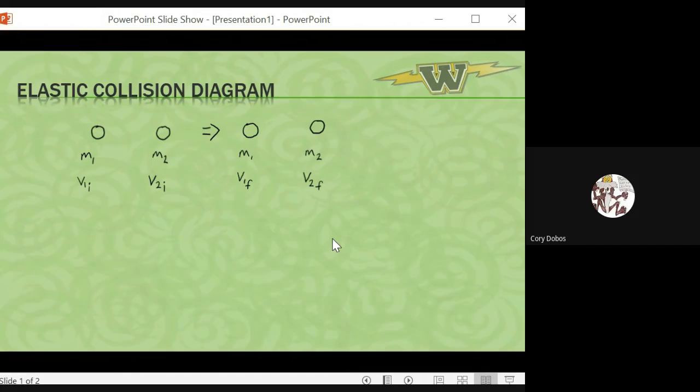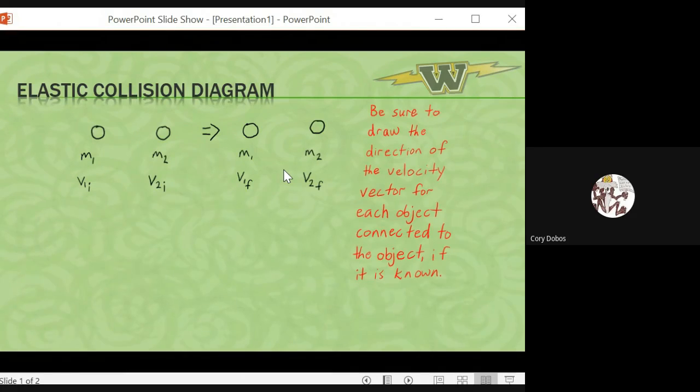But the other thing to keep in mind is this diagram is a generic diagram. So there aren't any directions shown on these circles because I don't know the direction of the objects. This is just a setup. When you're doing the diagram for an actual problem, you need to make sure you draw the velocity vectors attached to the circle in whichever direction it goes.